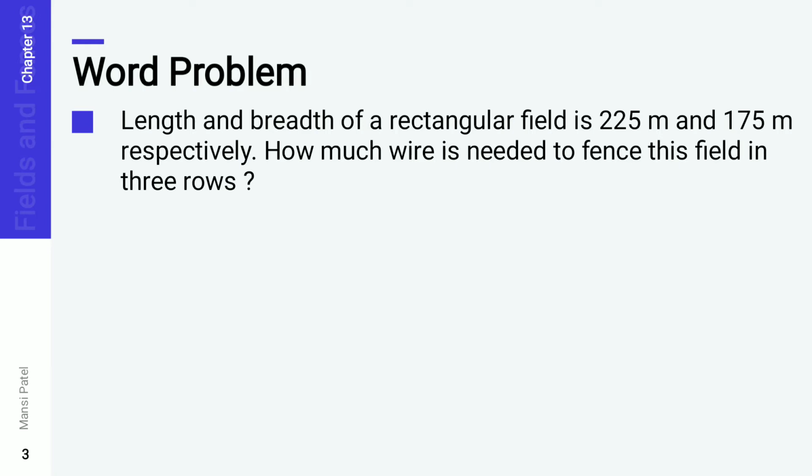See here, first they gave length, so the first measurement is of the length. Second they gave breadth, so the second measurement is of the breadth. Why are we deciding this? Because from that word respectively we decide that the first measurement is of length and the second of breadth.